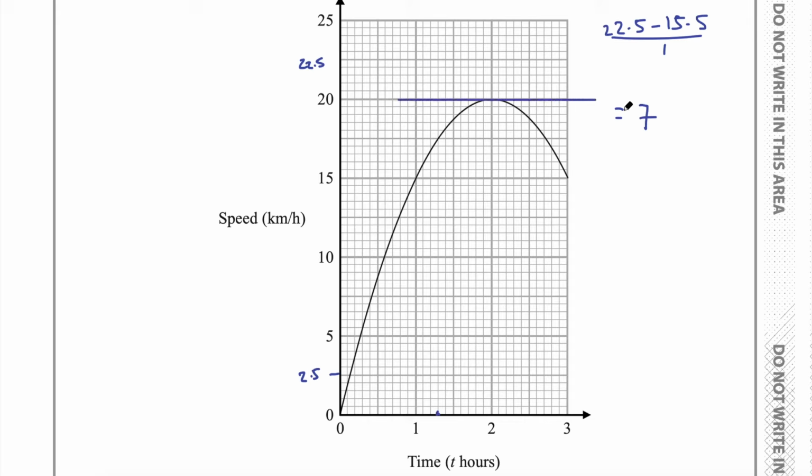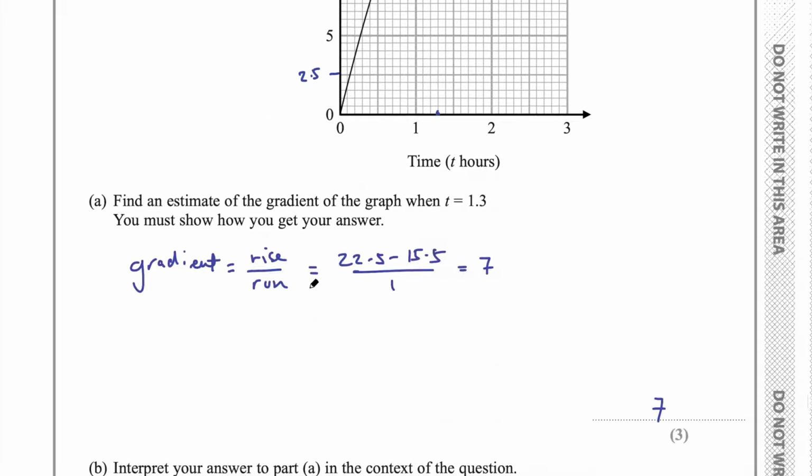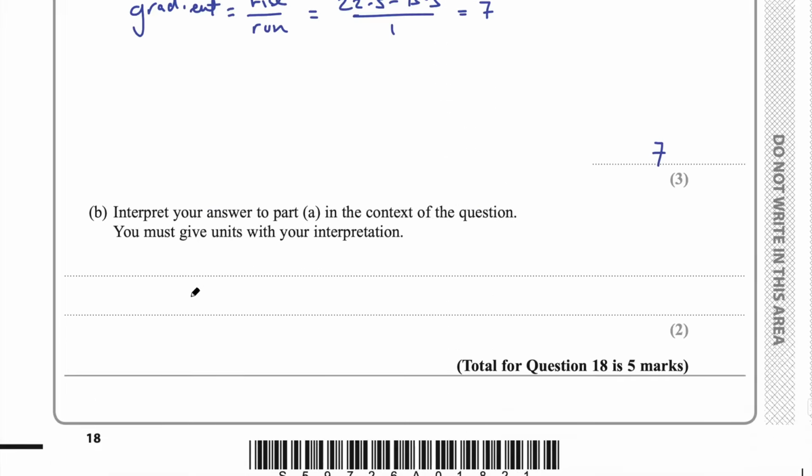So the slope of that tangent is 0, meaning it's not accelerating anymore. So it actually starts to slow down. So the tangent is the acceleration of the ship. So the rate of increase in speed. And that's going to be in kilometers per hour, or kilometers per hour squared. So we can say this will be acceleration.